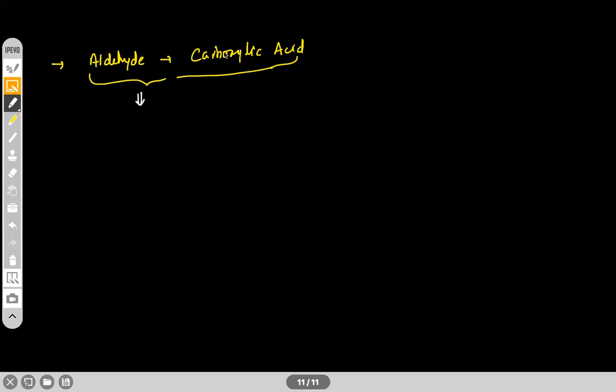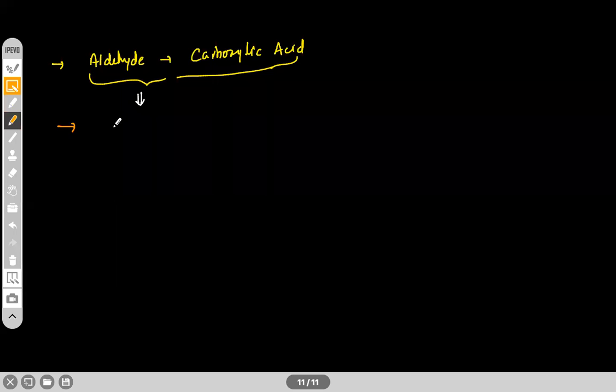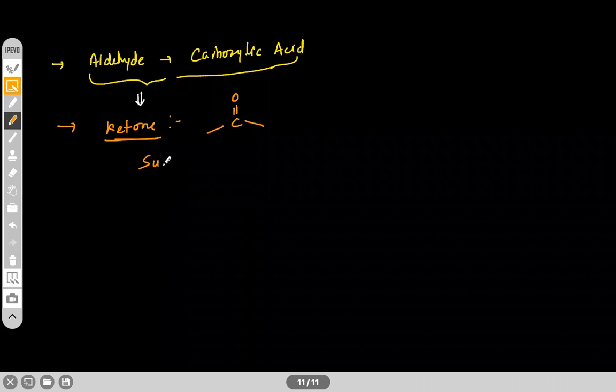Okay. Now there are a few more functional groups left. For example, I will take ketone. The ketone functional group is C double bond O, and the suffix for this is -one. For example, what is the name of this compound?